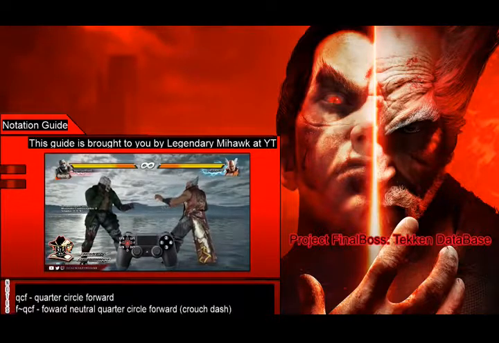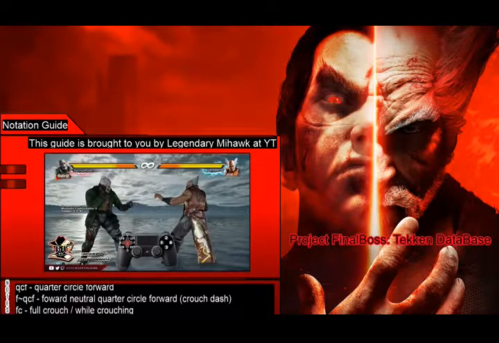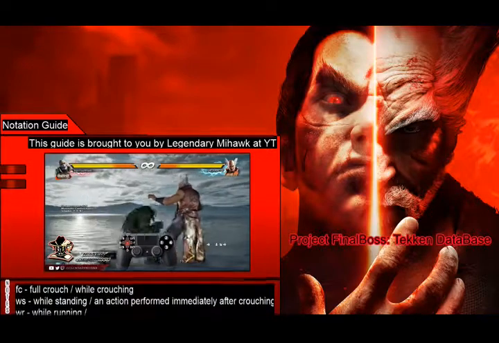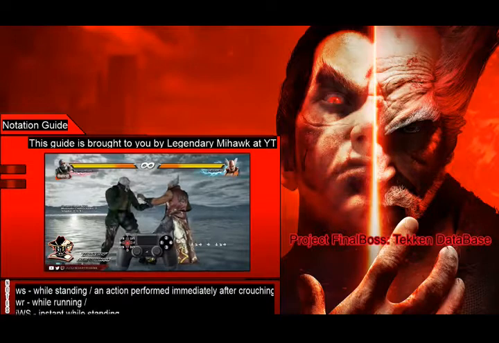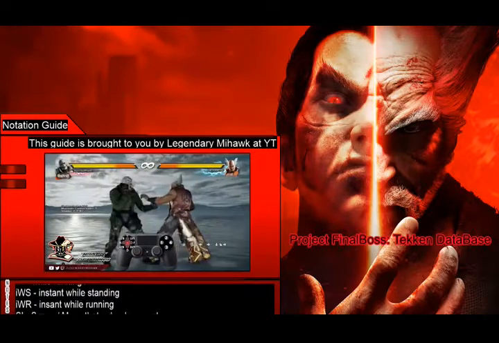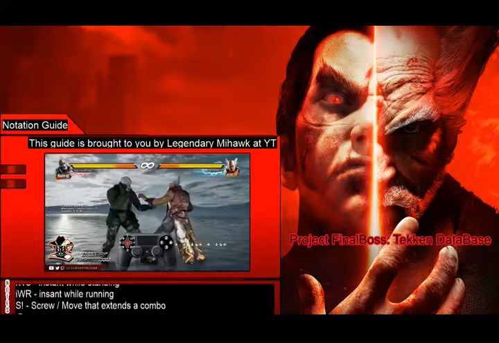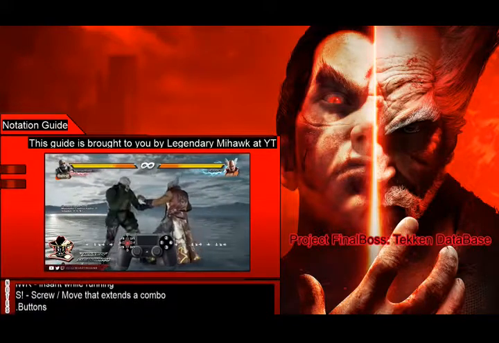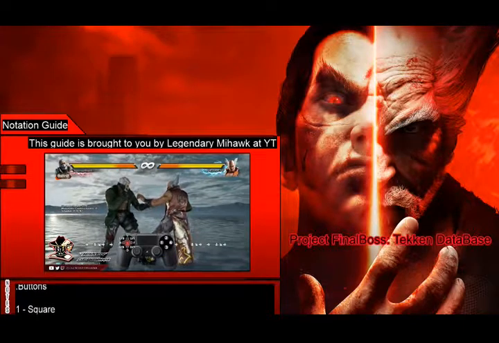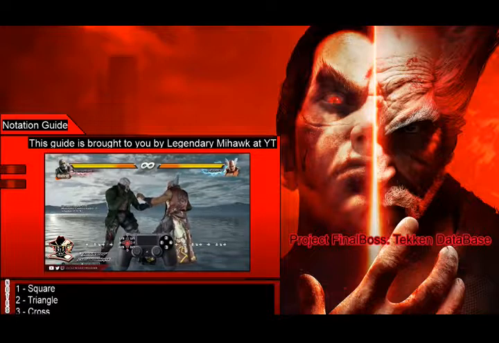So what else do we have? We have a crouch dash. Crouch dash simply means that you want to do a forward, then neutral, and then down forward, and then QCF. Forward, neutral, QCF. That's how it looks. That's what a crouch dash is. And in case you're wondering what that little space in there is, which is actually missing on the controller as well, it stands for the neutral.